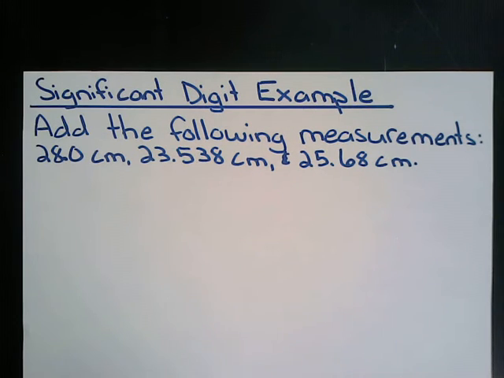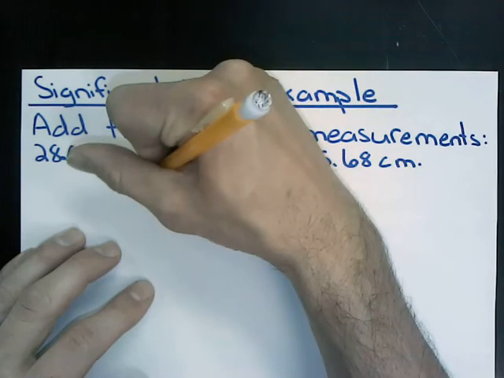Okay, so our example says add the following measurements: 28.0 centimeters, 23.538 centimeters, and 25.68 centimeters. So the rules state here to be able to round when we do addition or subtraction, we need to line everything up on the decimal, okay?